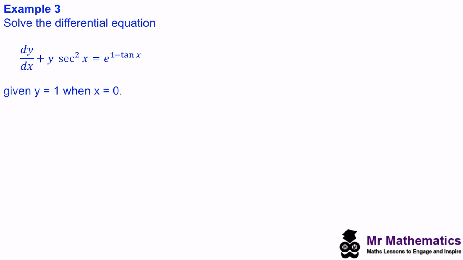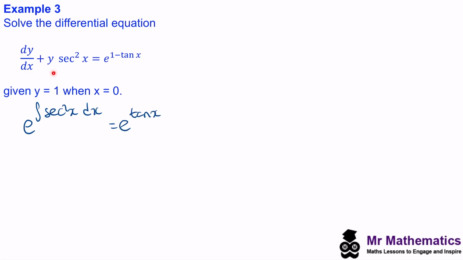So the first thing we need to do is to work out the integrating factor, which is e to the power of p, which is sec squared x, integrated with respect to x. And the integral of sec squared x is a standard integral, and this is e to the tan x.